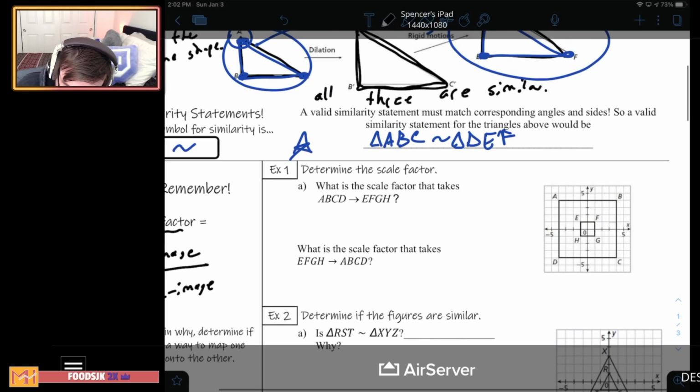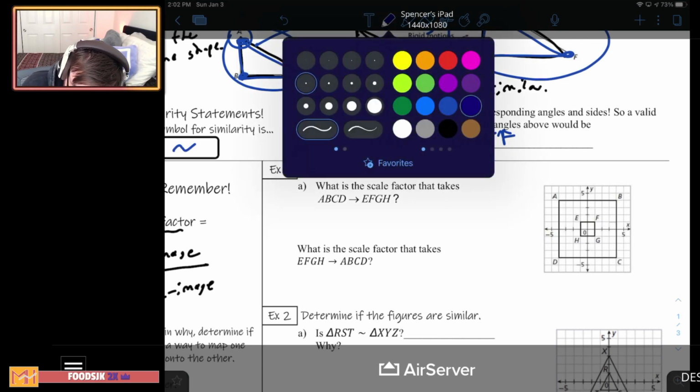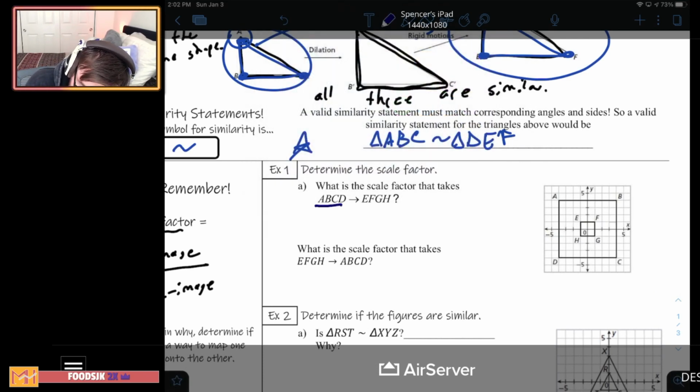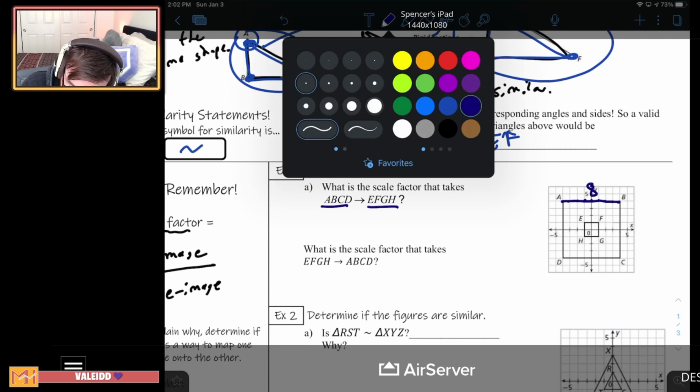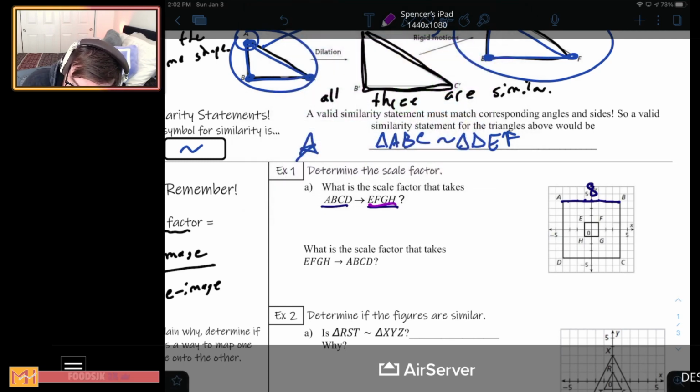So let's do that. What's the scale factor here to go from ABCD to EFGH? Well, ABCD is the big figure here. That's 1, 2, 3, 4, 5, 6, 7, 8 long on that side. And EFGH, that's the small square here. That's only 2 wide.